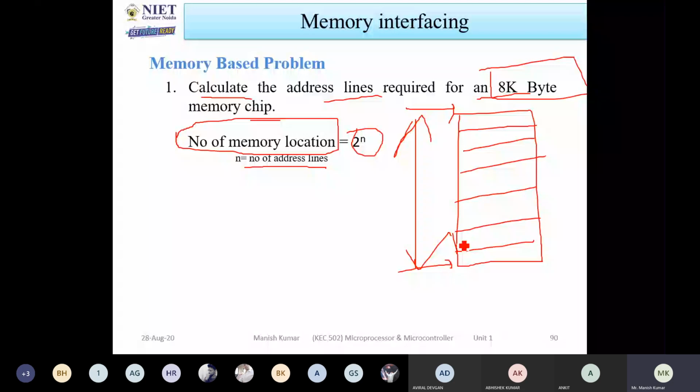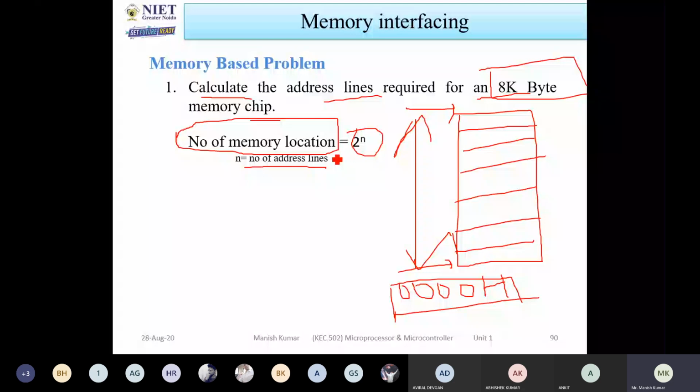Now the starting address is always kept as 000H, in hexadecimal. So any memory location will start with 000H. Okay, so now you have to find the number of memory locations, 2 to the power n, where n indicates the number of address lines.